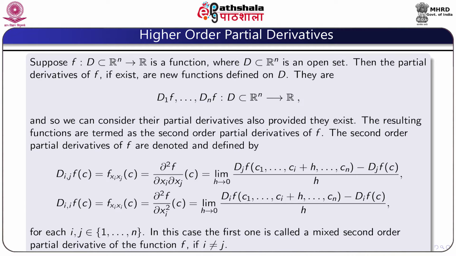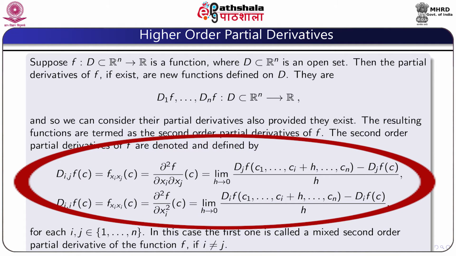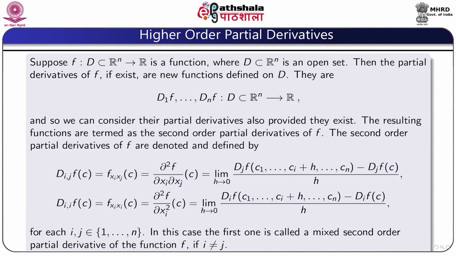So, the second order partial derivatives of f are denoted and defined by the following: dij f at the point C is f xi xj at the point C. Another notation is del 2f del xi del xj at the point C, and it is defined by the limit of del f del xj at the point (C1, up to Ci minus 1, Ci plus h, Ci plus 1, up to Cn) minus del f del xj at the point C, divided by h, as h tends to 0.